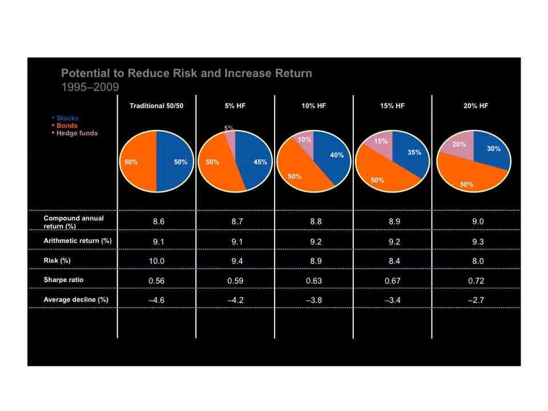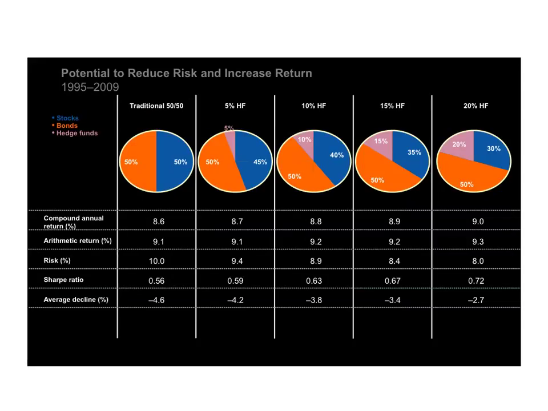What are the benefits of having hedge funds in a portfolio? Here we have some analysis based on the sample period 1995 to 2009. The first column here represents a traditional portfolio made up of 50% stocks and 50% bonds. And here you can see that the Sharpe ratio over this period, based on historical returns, is 0.56.